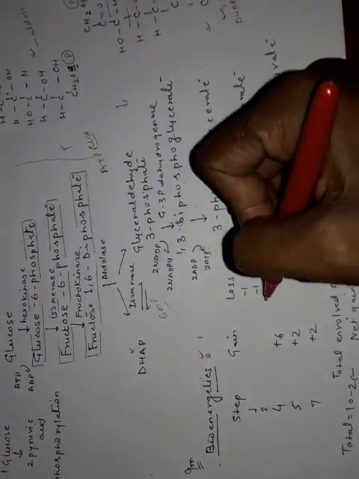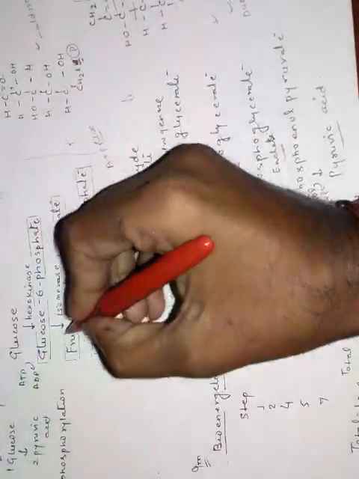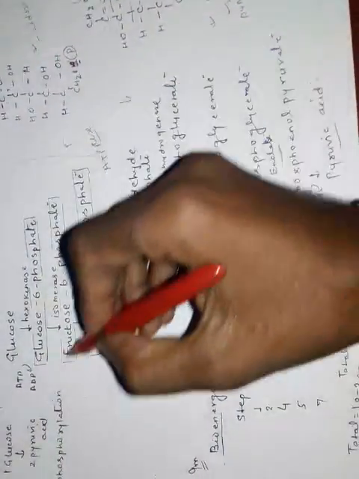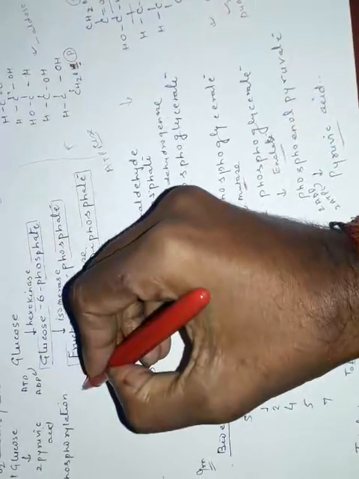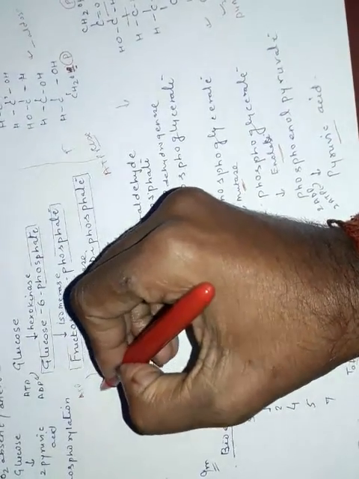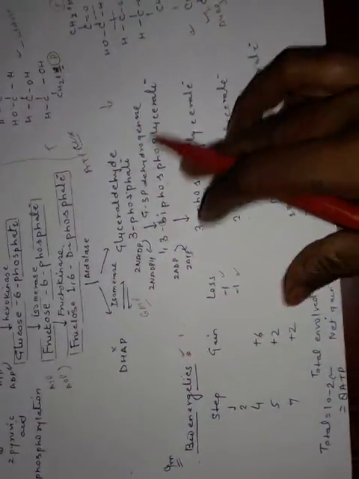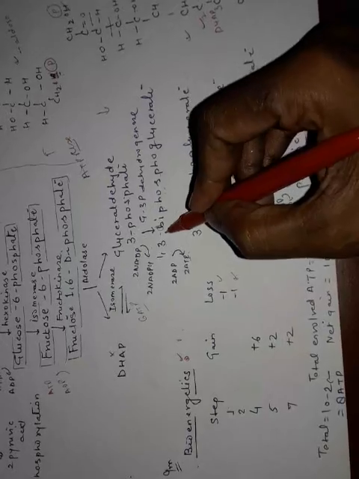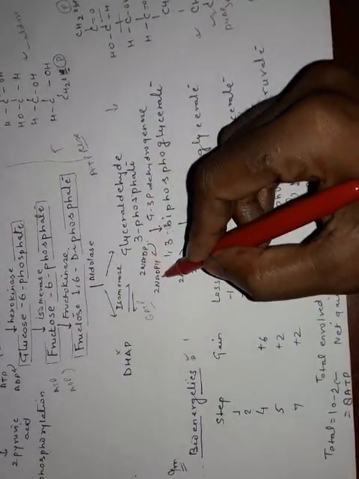In the second step, if you see fructose 1,6-bisphosphate, here 1 ATP is converted to ADP, meaning 1 ATP molecule is consumed. And in the fourth step, 2 NAD are converted to 2 NADH.